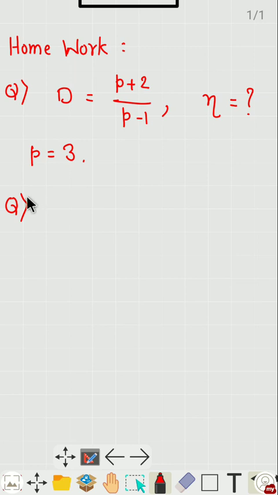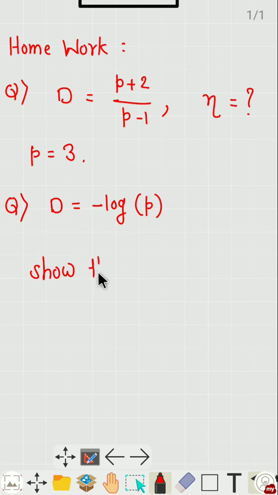If the demand function is given to you, D is equal to minus log of p, then show that eta is equal to 1 upon d. So try to solve these two examples.